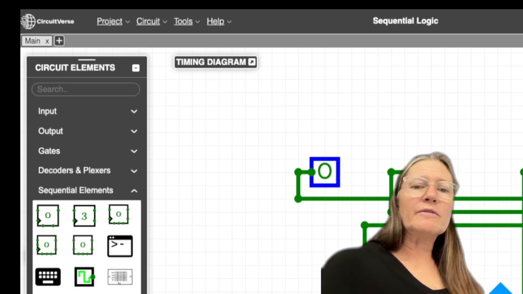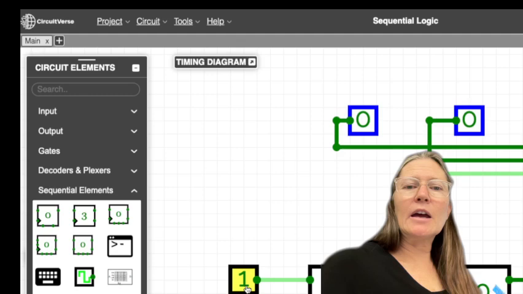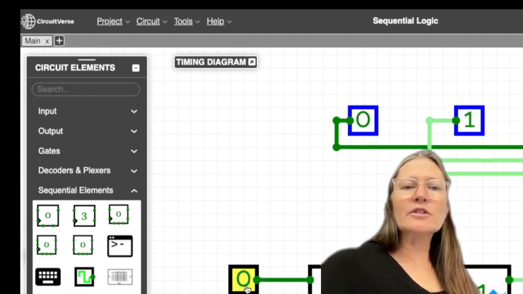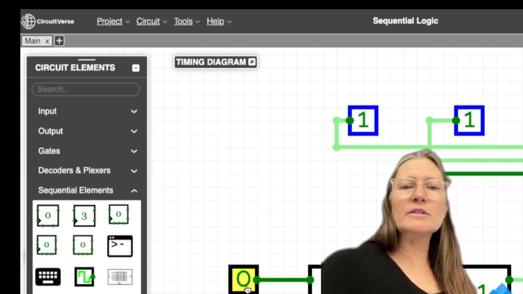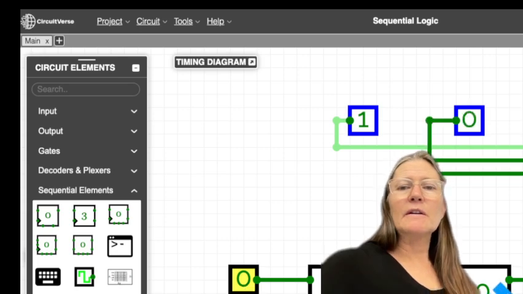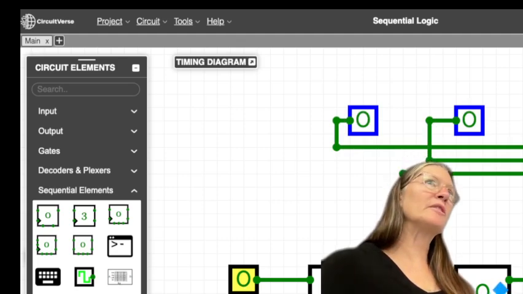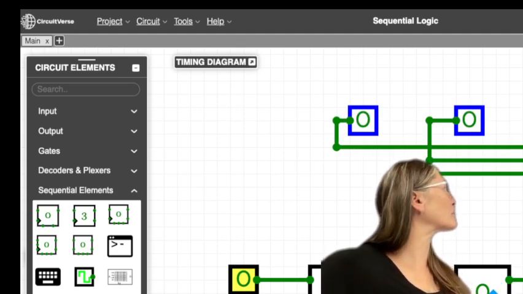So use the D flip-flops and do 4 of them. And then put an input and watch as it shifts, and change your input and watch as it shifts the numbers over. And remember that this last one is going to be your most significant, and this one will be the least significant.